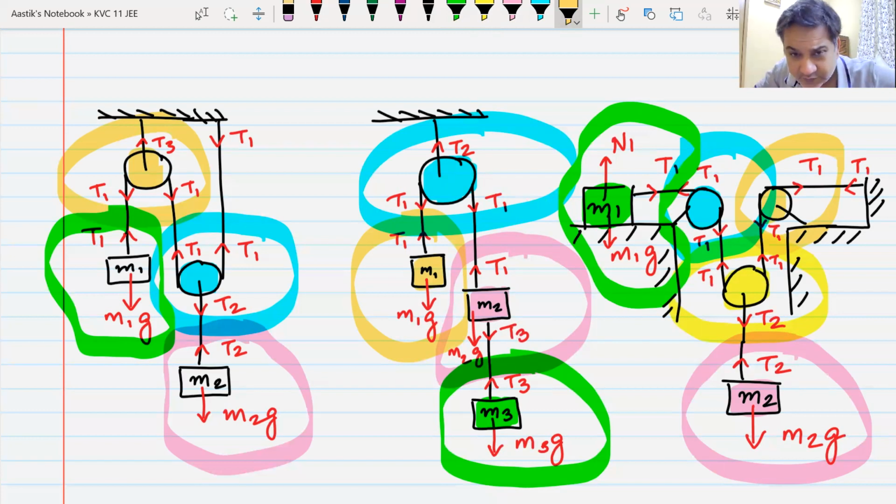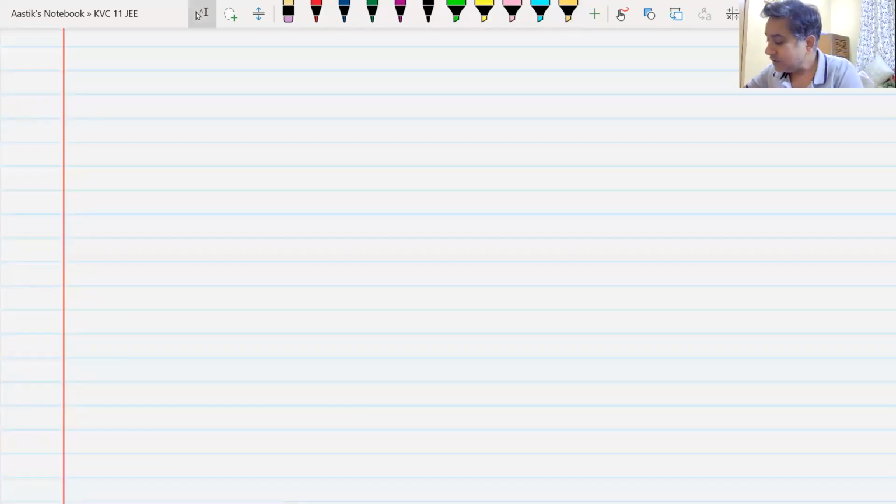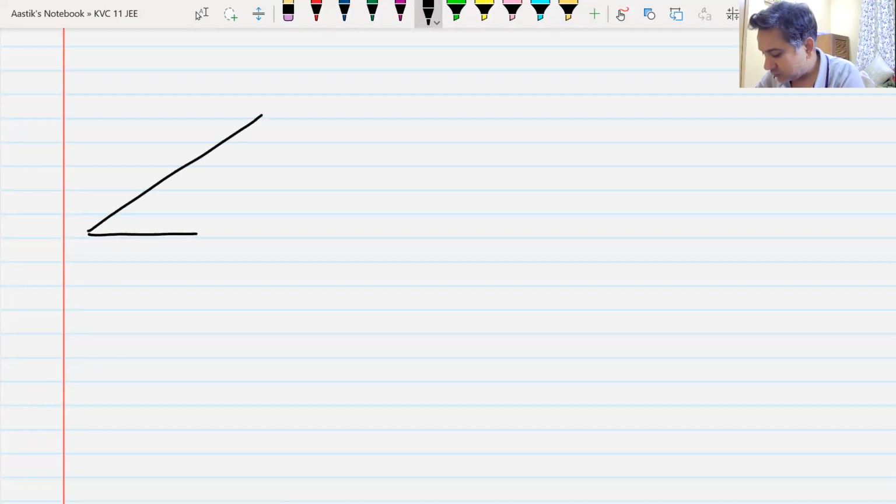By free body diagrams, what we mean is we just see the block and we draw their diagrams. I'll give you one more, just to be sure. I just want to make the block on an incline, and that is the only reason I'm giving you this.